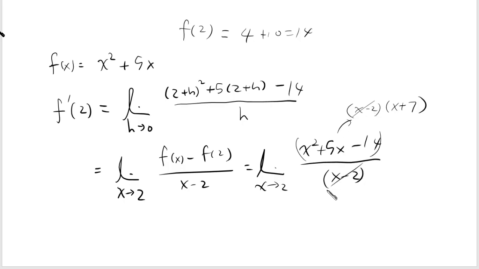So after canceling these, you end up with x plus 7, and you plug in 2, and you end up with 9. So this formula often gives you a simpler calculation, but the downside is if you're looking for f prime of x as a function, you can't use this formula. So I will try to stick to this one despite it sometimes being harder, because it can be used in more general situations.